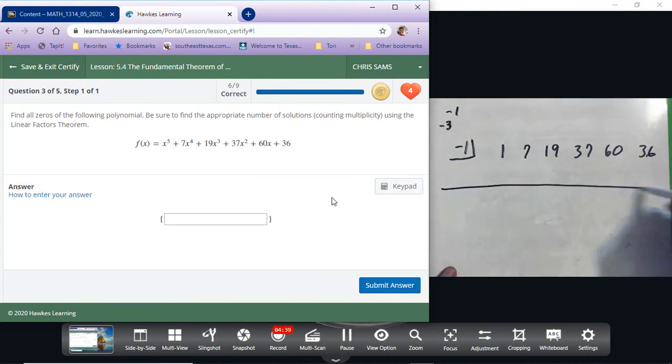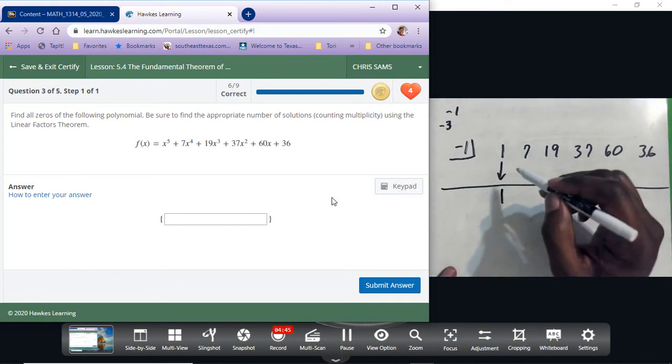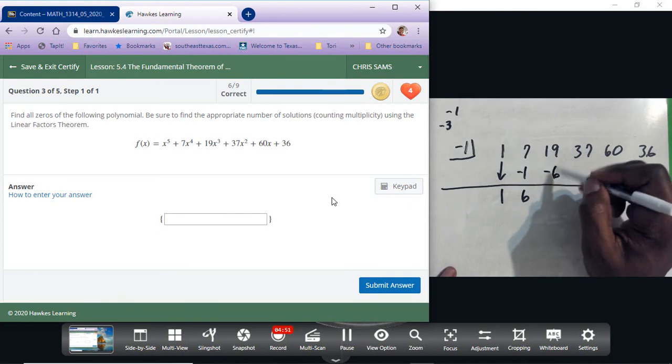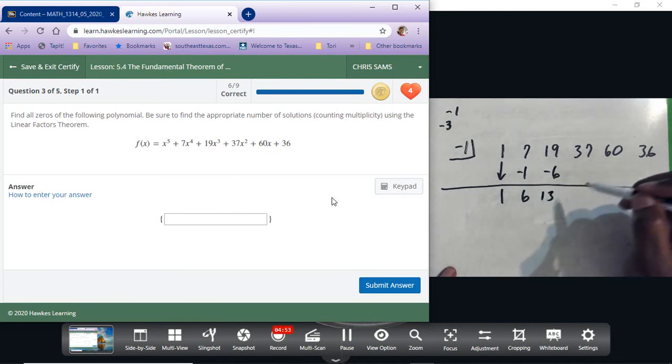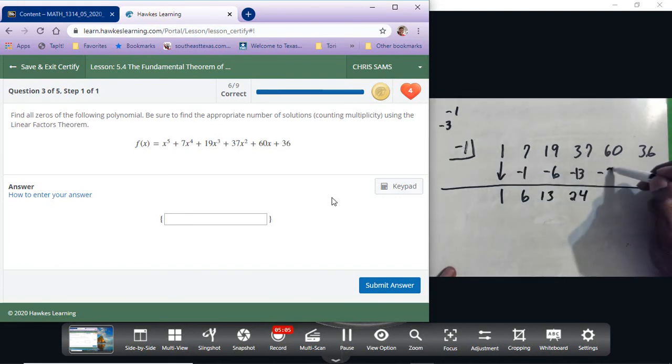Alright, so with synthetic, we're going to bring the first term straight down, multiply, we get a -1, 6, we get a -6, and we get 13, and then -13, so I'm just multiplying, and then subtracting, we get 24. Okay, and then negative 24, and we get a positive 36, and then times negative 1, we get a negative 36, and then that brings down 0. Okay, so the fact that it ends in 0 tells us that it is a 0.